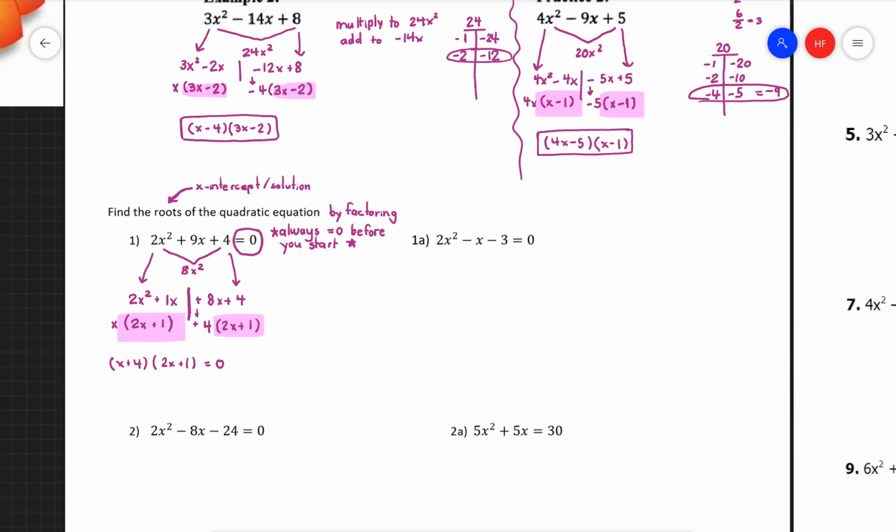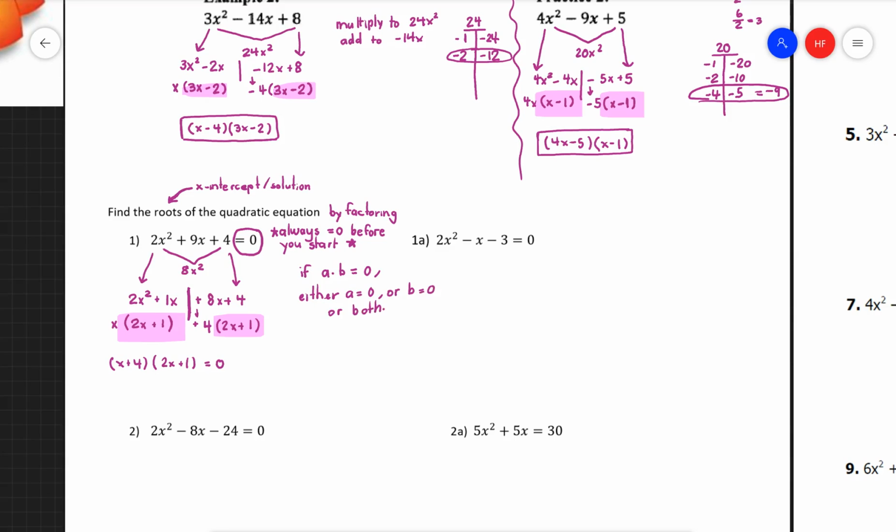Now there's this thing called the zero product property, which means that if I have two numbers, a times b, and they equal 0, then either a equals 0, or b equals 0, or both.